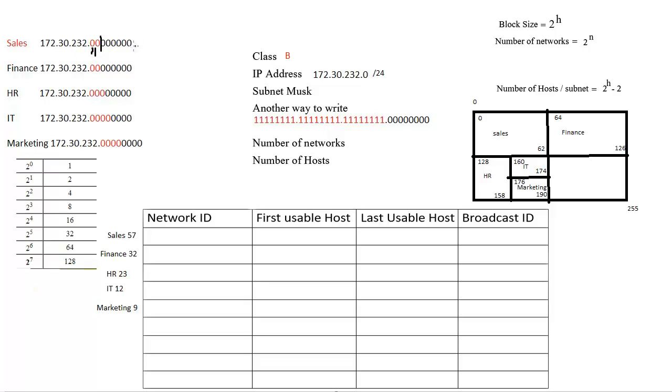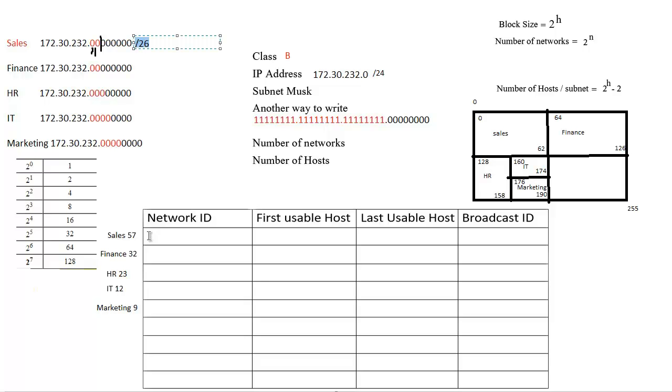Our CIDR will be changed here as well, because last time we were using 24 bits and now we are using 26 bits for network. So this will be CIDR 26. What is our first network ID?